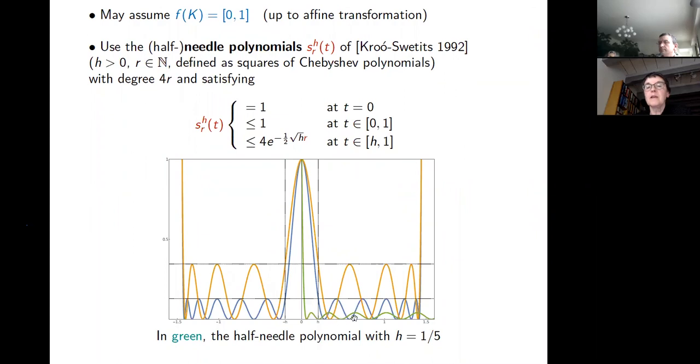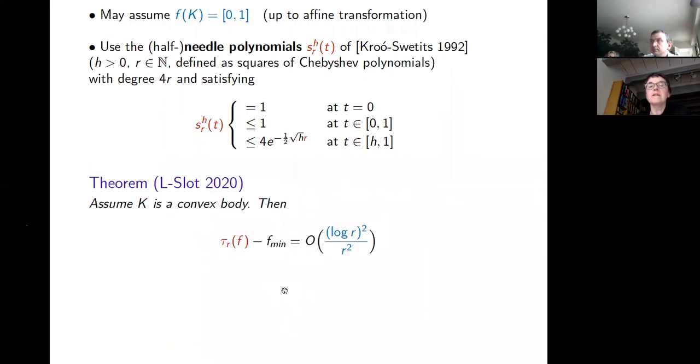This is the needle polynomial, which is used in approximation theory by Kroó and Fetitz. It is built in terms of squares of Chebyshev polynomials. This needle polynomial provides the way to show the convergence analysis and enables us to show this convergence rate in log R over R squared.